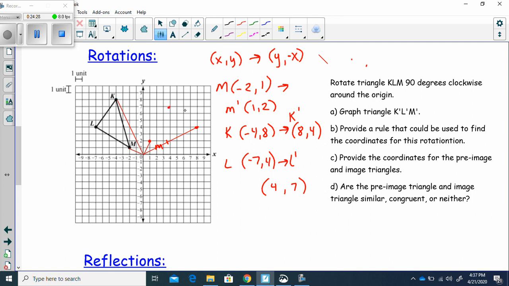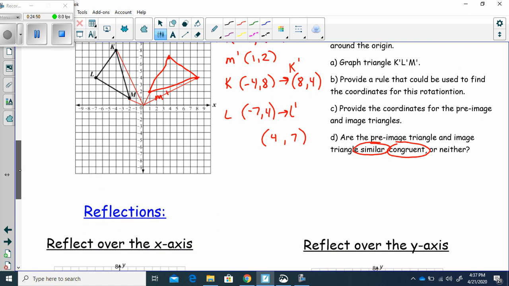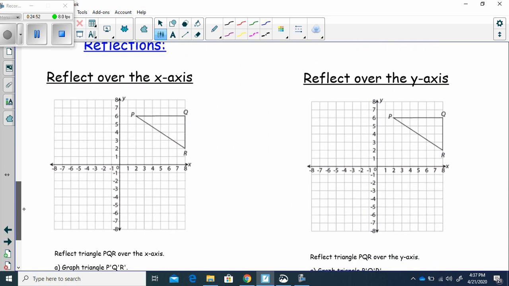If you plot this out, what you're going to see is that your image triangle and your pre-image triangle are congruent, and that means they're also similar with a scale factor of 1.